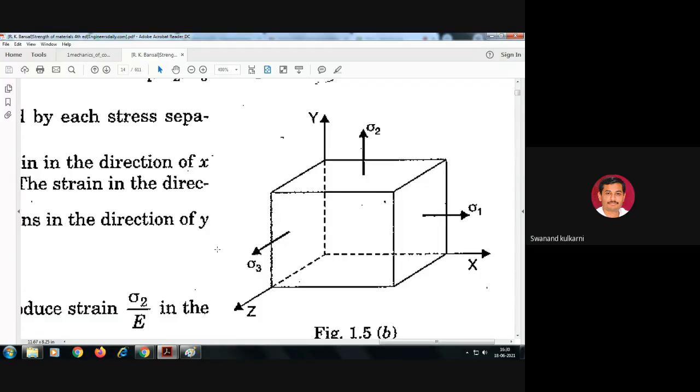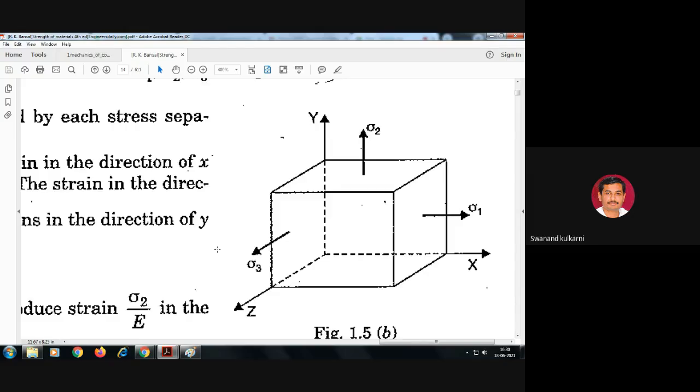That means P1, P2 and P3, these three forces, are already applied on this particular body in three different directions, in the X, Y and Z directions, and these three forces are creating the stresses sigma 1, sigma 2, sigma 3. Then these forces will create the strains, because due to the force a change in length is going to happen, and this change in length relative to the original length is what we consider to be the strain. So strains are present in all three directions.